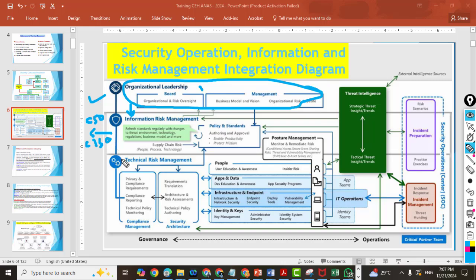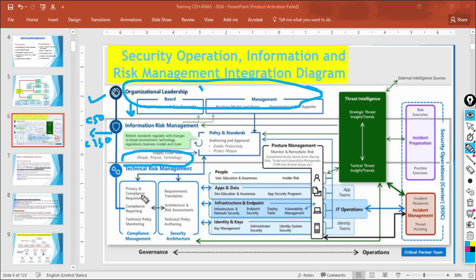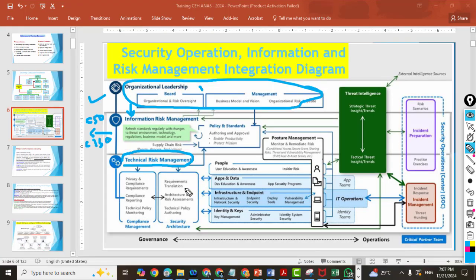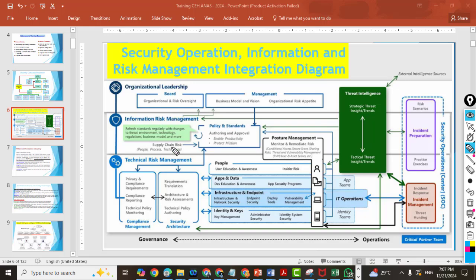They are managing the other layer inside the organization, which is technical risk management and technical cybersecurity as well, and also IT staff and IT networking departments. So all of these entities work together in this workflow we'll see here.